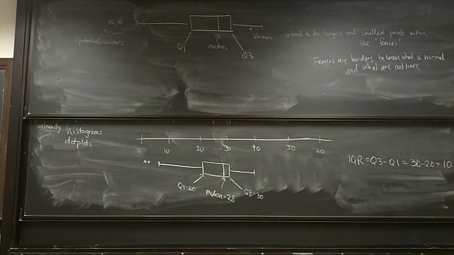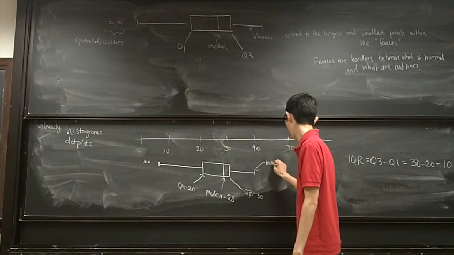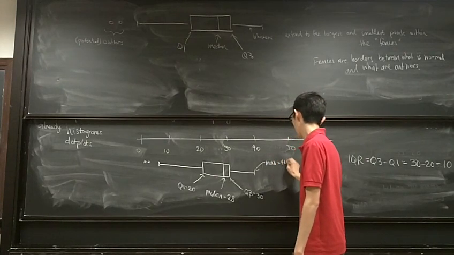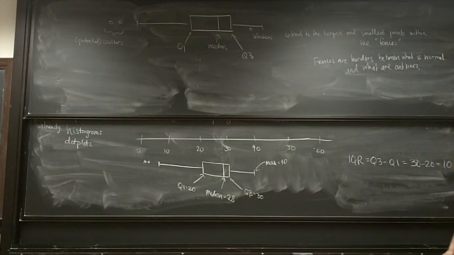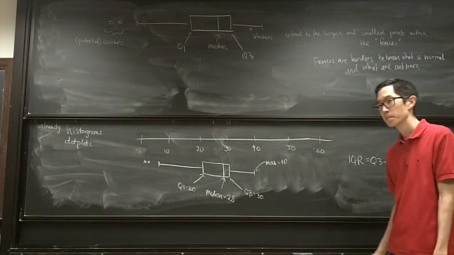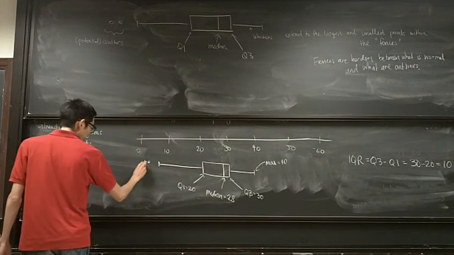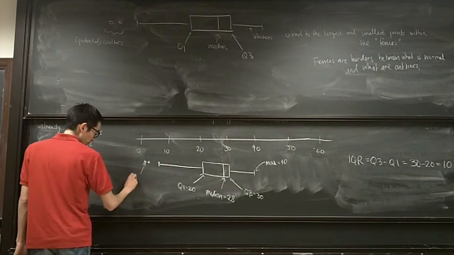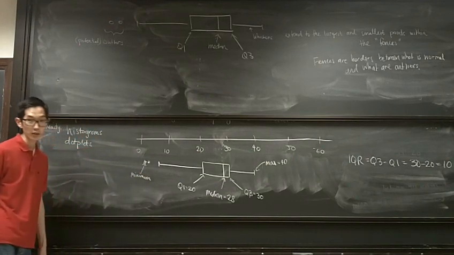What's my maximum? 40. What's my minimum? 7. 8. 6 or 7. This is my minimum. Okay, the minimum is the smallest number I have, period.